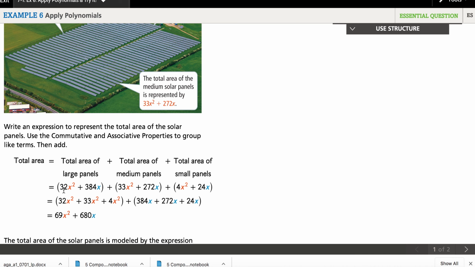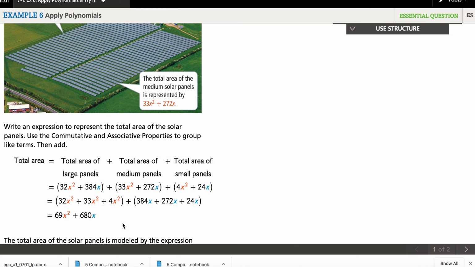So you're adding them horizontally. 32x squared and 33x squared are like terms because they have the same variable and the same exponent. And 4x squared, so there are three like terms together, plus 384x plus 272x plus 24x. These terms have the same variable with the same exponent, which is 1.